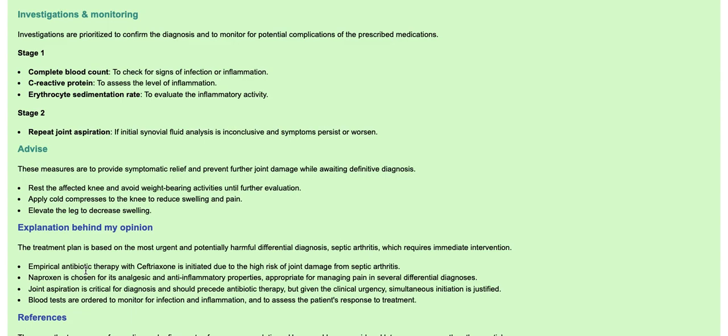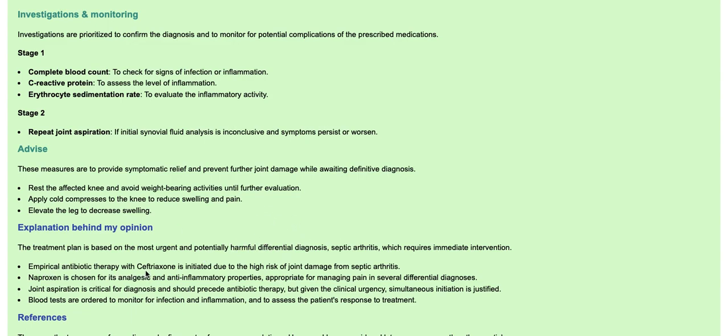Explanation: the explanation behind my opinion, okay, the treatment plan is based on the most urgent and potentially harmful differential diagnosis, septic arthritis, which requires immediate intervention. So that's the rationale. Go for the most serious and acute condition first.